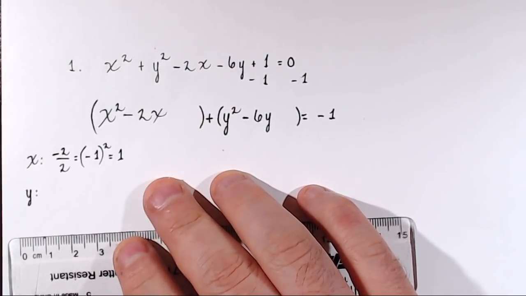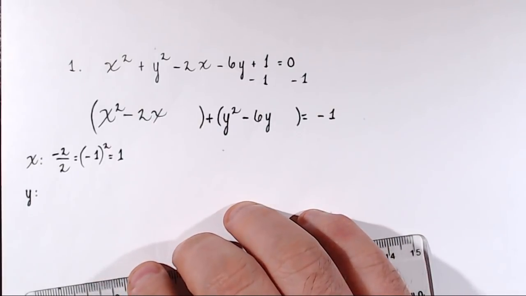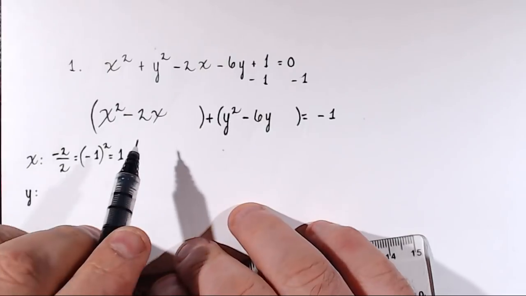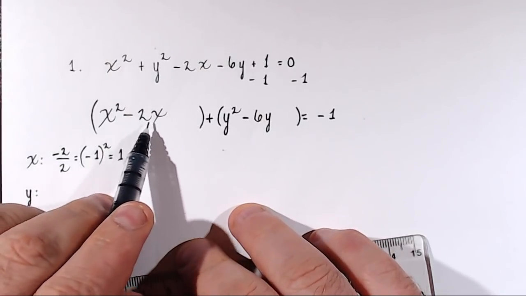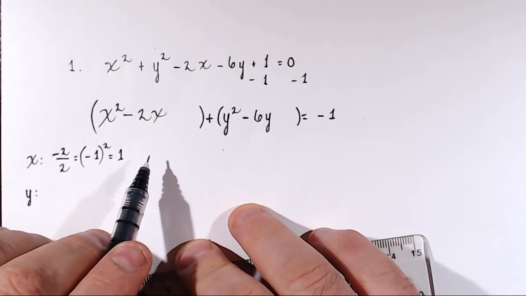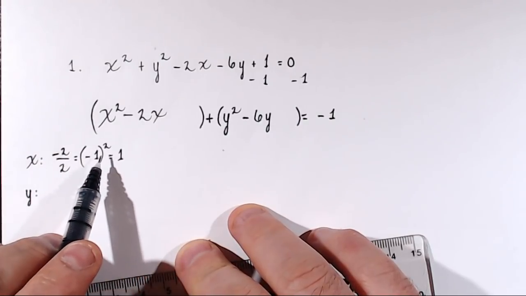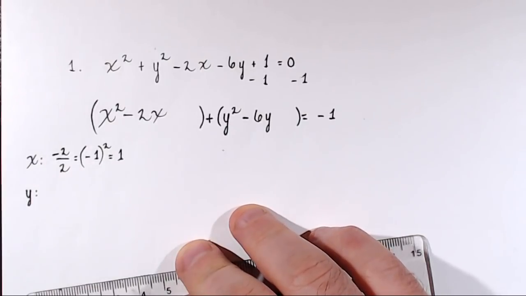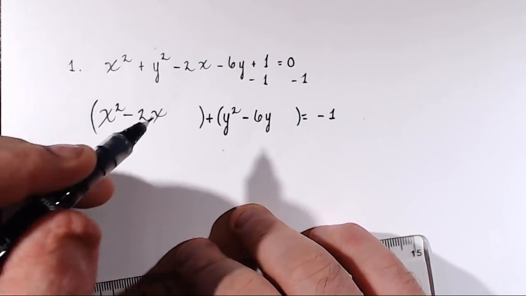All right? So what I did there is I took the middle coefficient and I divided it by 2. And then I squared the result. So divide the middle term by 2 and square the result.